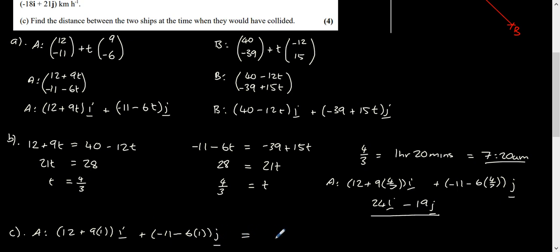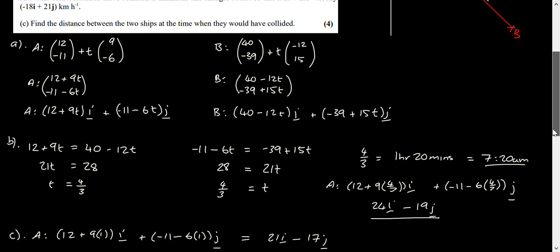So 12 plus 9 there, we've got 21, and minus 11 minus 6, we've got minus 17. So you can see that boat A was at 21i minus 17j when it knew that they were going to collide.